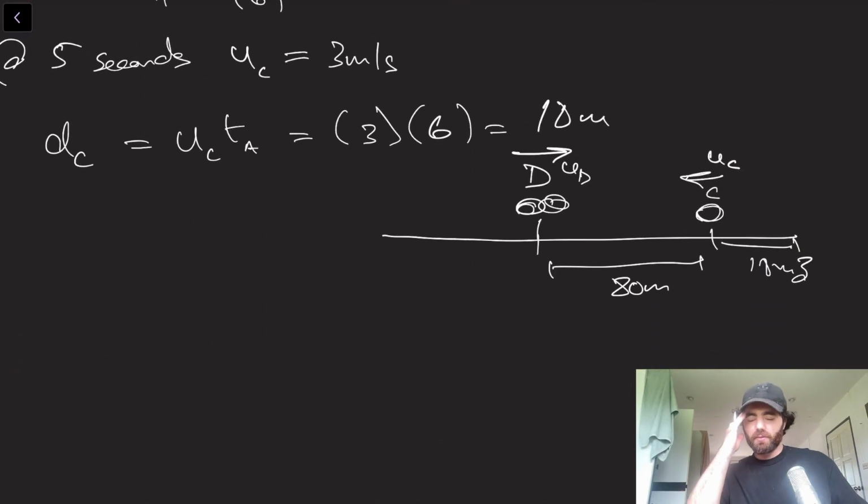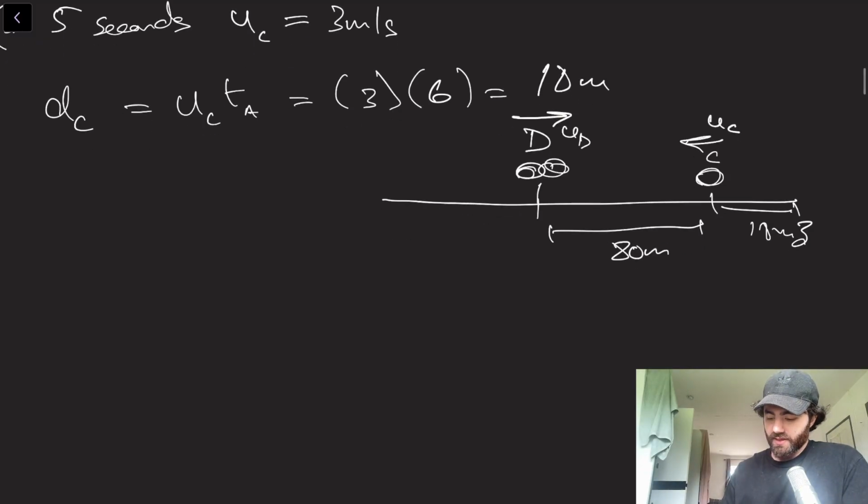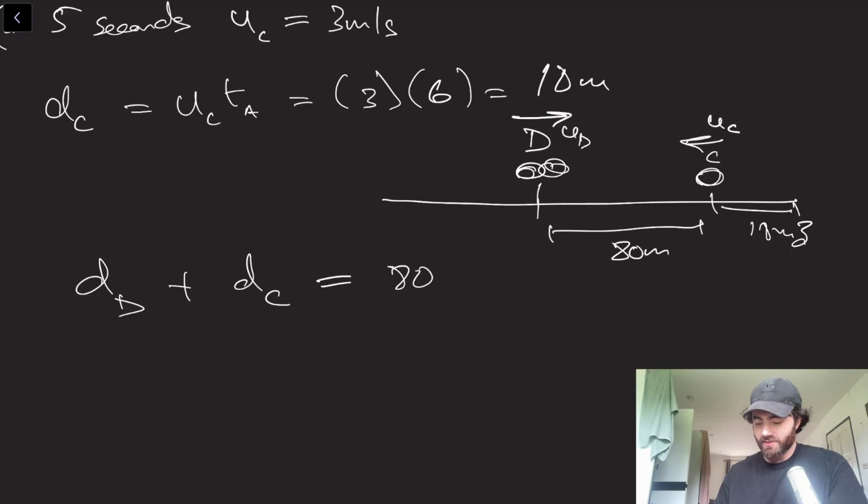So we want to find when these two things collide, the time it takes for them to collide. It will be when the distance traveled by D plus the distance traveled by C equals 80. If this thing has moved 10 meters and that thing has moved 10 meters, the sum is only 20 meters.